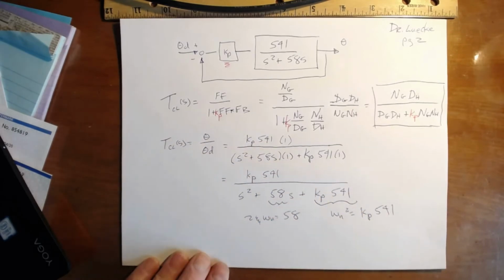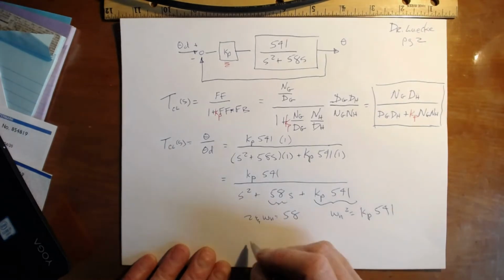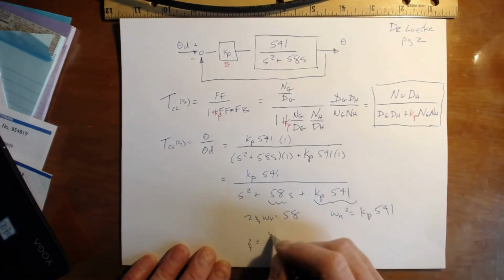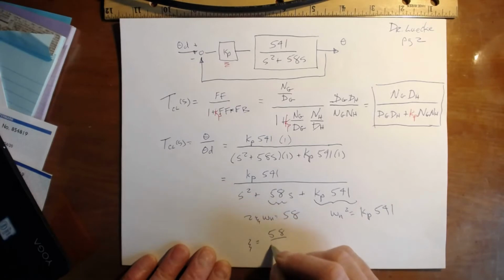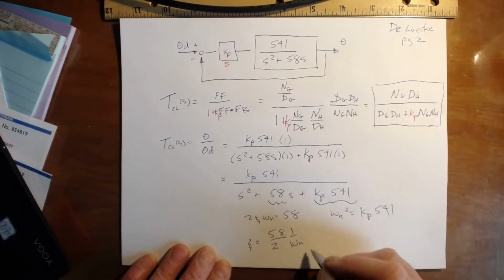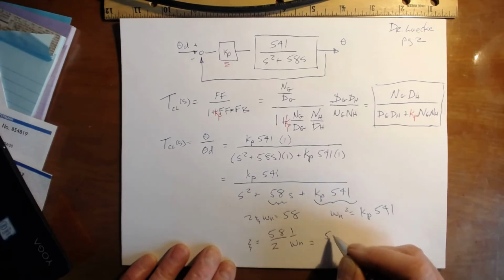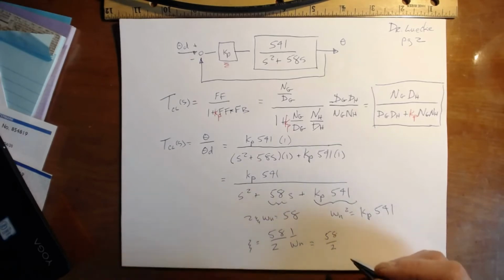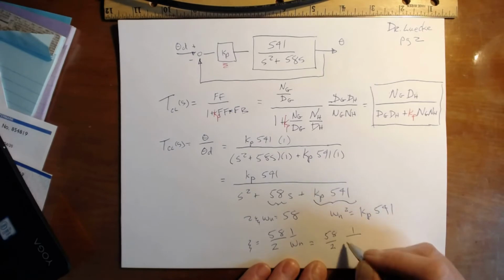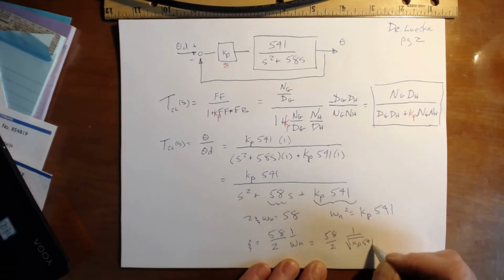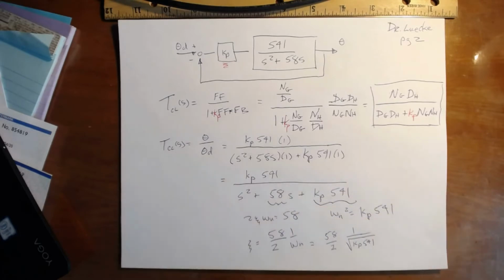Sometimes people resolve this into zeta is equal to 58 over 2, 1 over omega n, which is going to be 58 over 2, 1 over the square root of Kp times 541. So I could do it that way too.